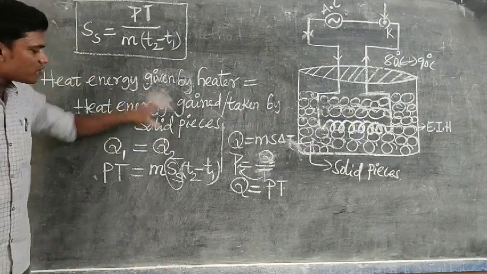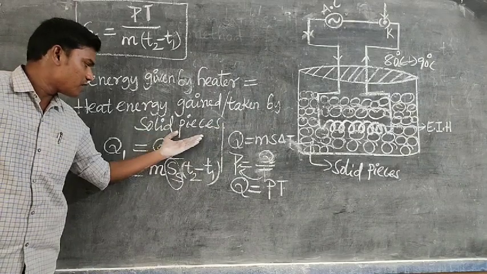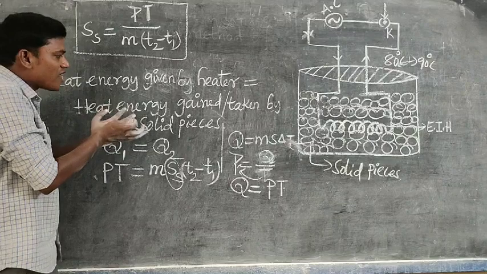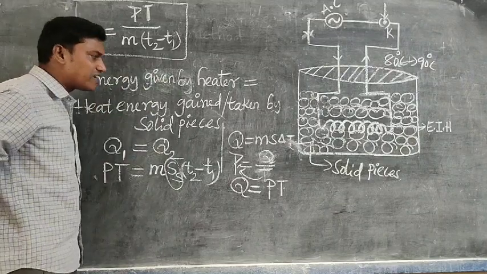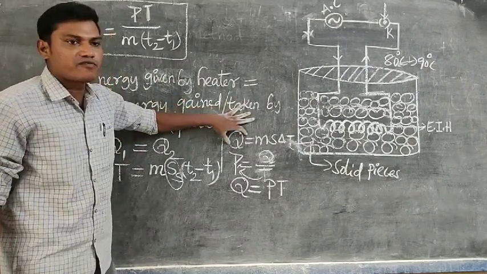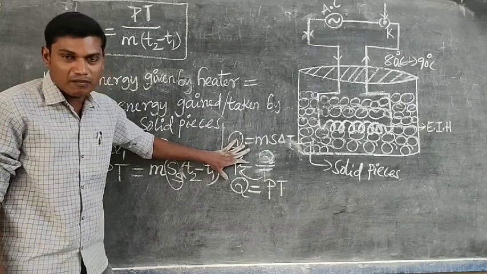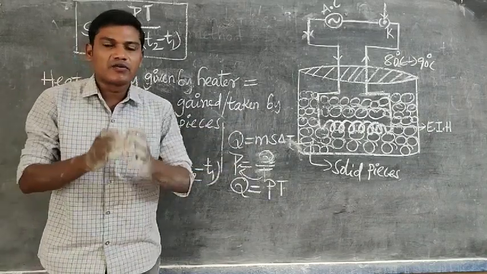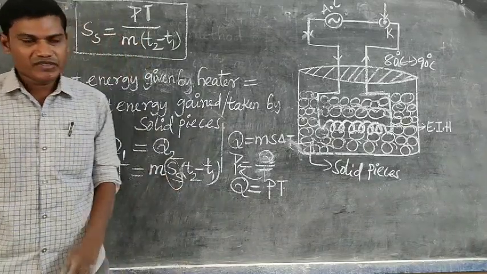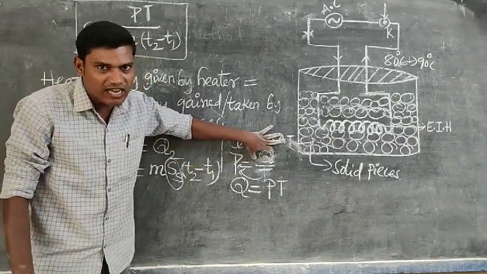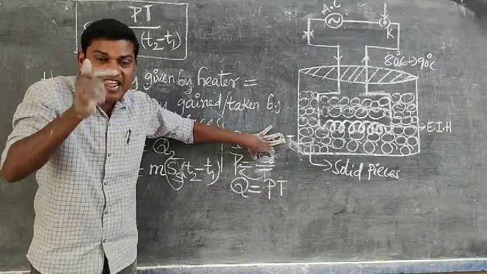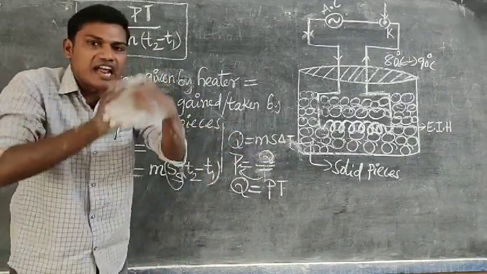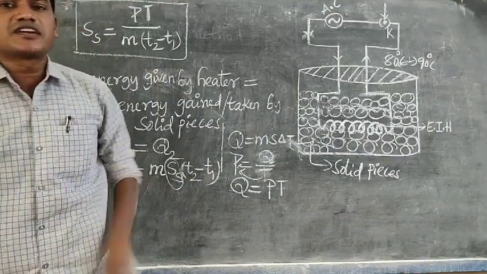That heat energy given to the solid pieces will be taken by which one? Solid pieces. That is nothing but Q2. But here, how can we find the heat energy given by the heater? We are not using the regular formula. We use another formula based on the power. We know that power is nothing but work done by time. According to Joule's concept, when work is done against friction, heat is generated. That means how much work is done against the friction, that much heat energy will be produced.